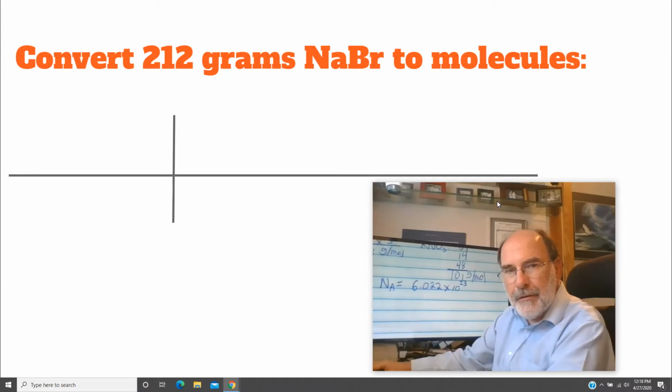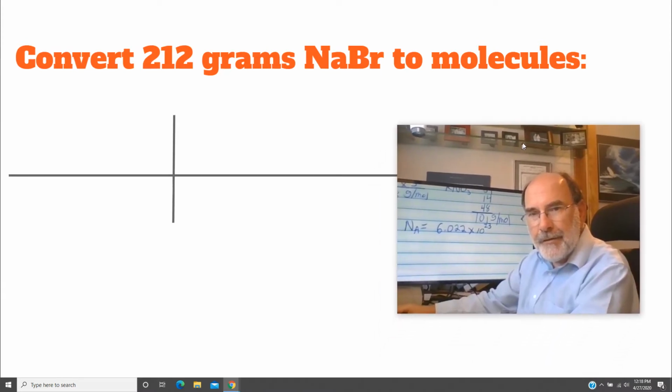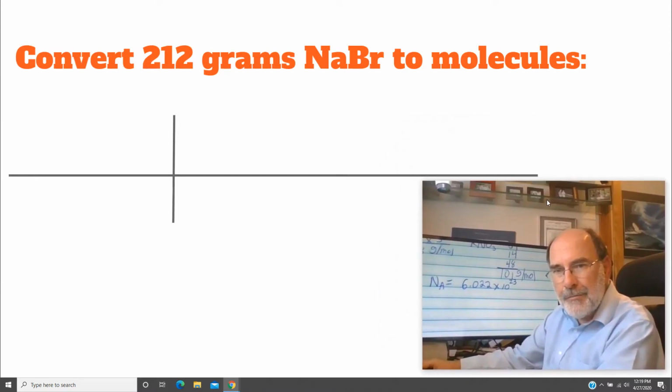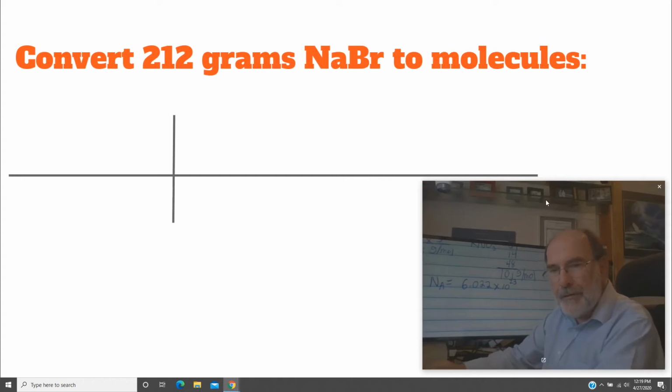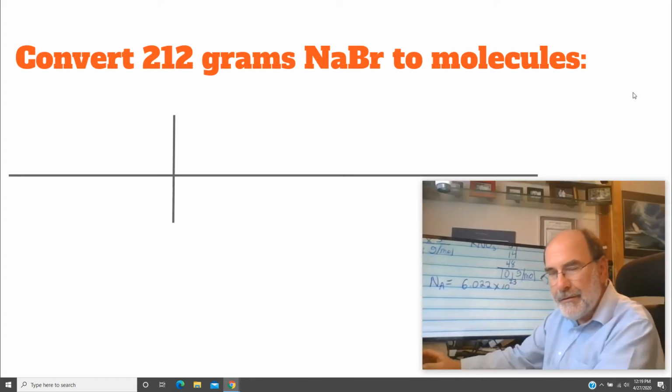Convert 212 grams of sodium bromide to molecules. All right, so in this situation, yes, we're going to need to know how many grams of sodium bromide there are in 1 mole. We can't go directly from grams to molecules. We have to go from grams to moles, and then from moles to molecules.